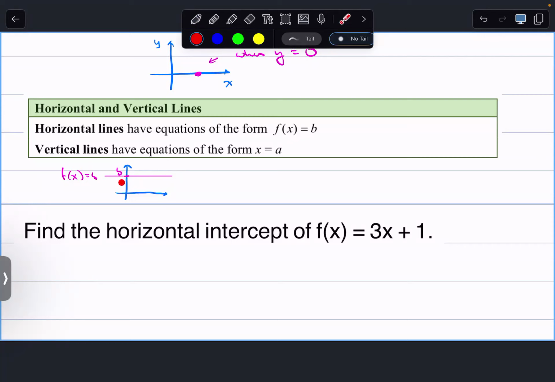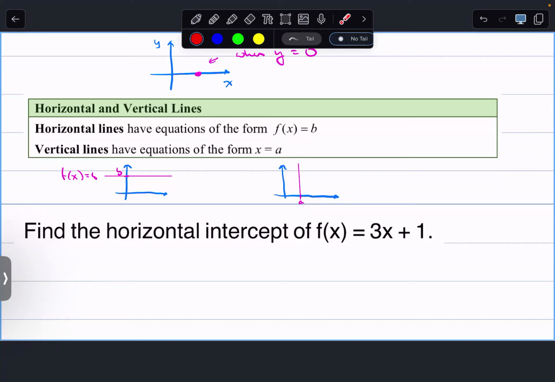Now a vertical line looks like this. If I'm at a here, then a vertical has to be the opposite of a horizontal. Maybe you're just good at remembering these things, but I'm not. So x equals a all the time.